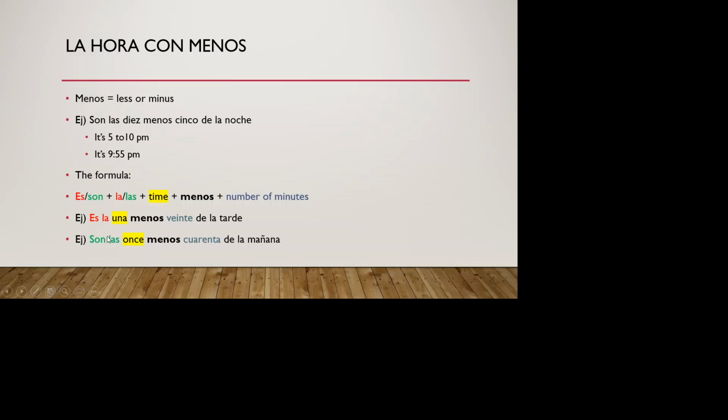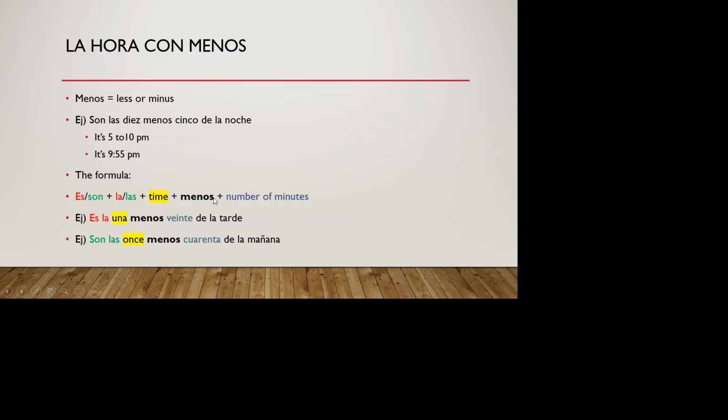Another example would be "son las 11 menos 40 de la mañana," meaning it's 10:20 in the morning, because we have our "son las," then the time we're talking about, 11 minus 40.